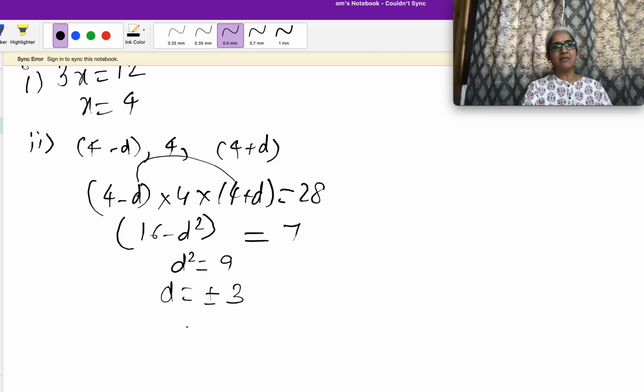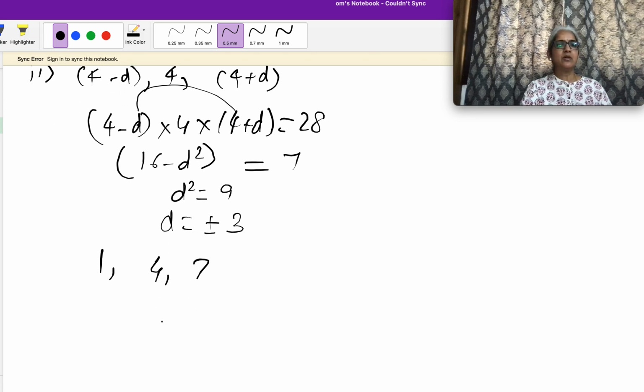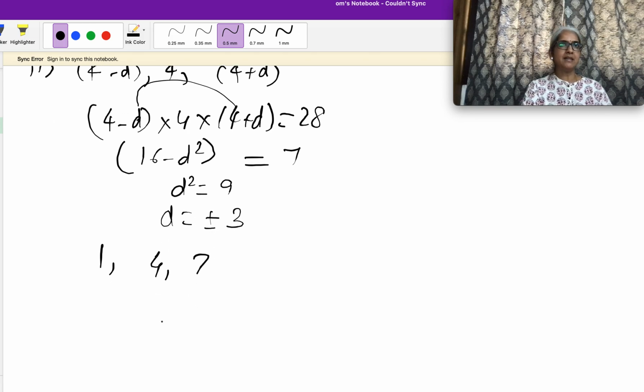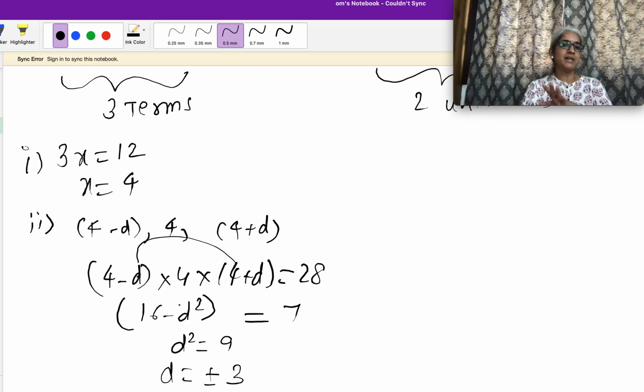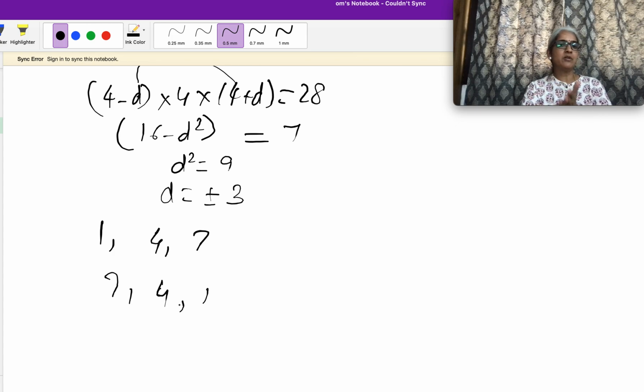So 1, 4, 7 are the numbers, or if I go minus 3, then I'll go 7, 4, 1. Right? The three numbers are the same, just that the order will change depending on whether d is positive or negative. And nowhere in the question have they said that d has to be positive. So both the answers are completely valid, 1, 4, 7 or 7, 4, 1.